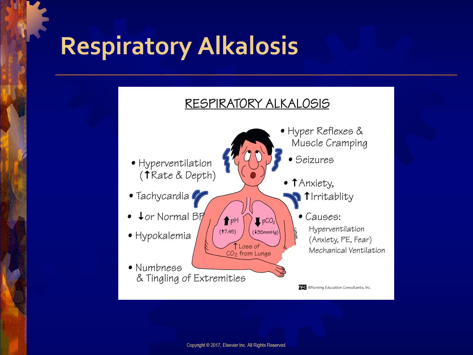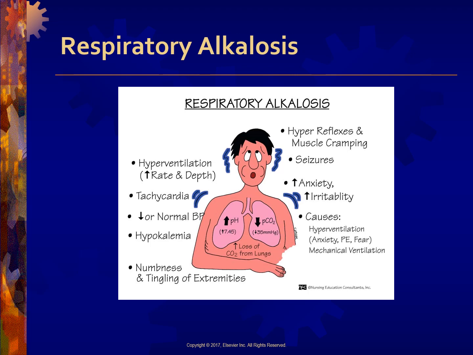So here we have a picture depicting respiratory alkalosis. So the pH is going to be high and the CO2 is going to be low. Signs: hyperventilation, increased rate and increased depth. You'll have tachycardia. Blood pressure would be decreased. You'll have a low potassium.